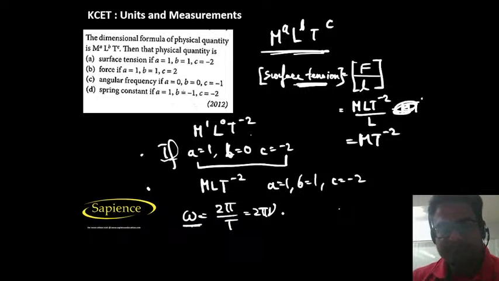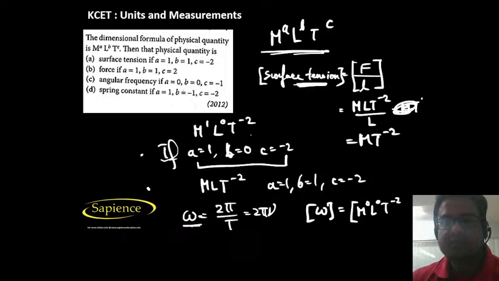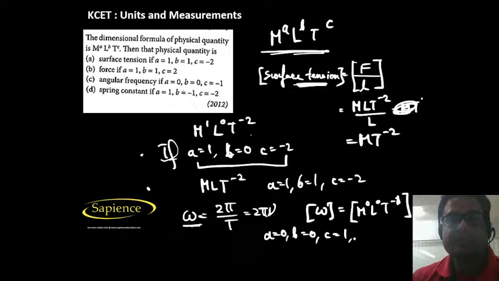So the dimensional formula of angular frequency will be the same as that of frequency, which is M^0, L^0, T^-1. Okay. So if A is 0, B is 0 and C is minus 1, only then can we tell it is angular frequency. So hence option C is the correct answer.